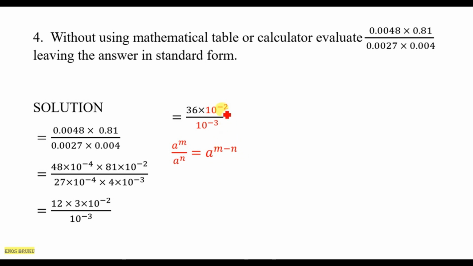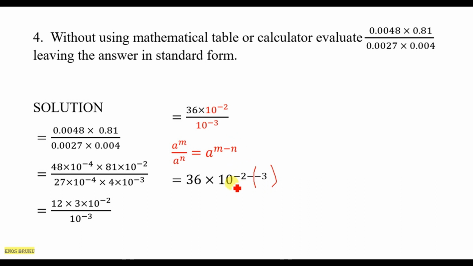So we're going to have 36 times 10 exponent negative 2 minus negative 3, because the exponent of the denominator is negative 3.